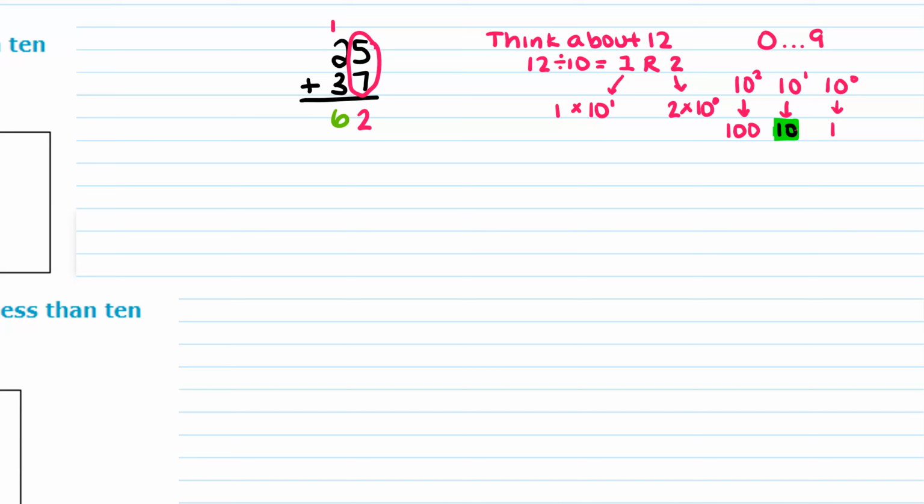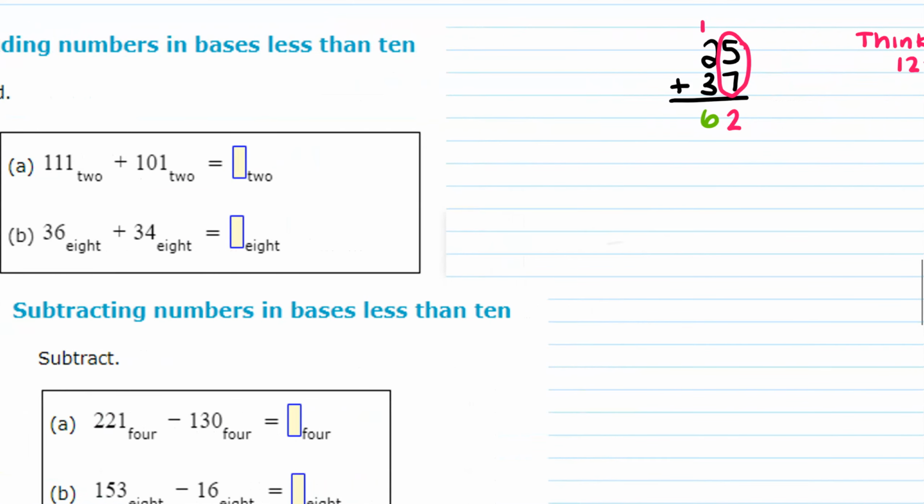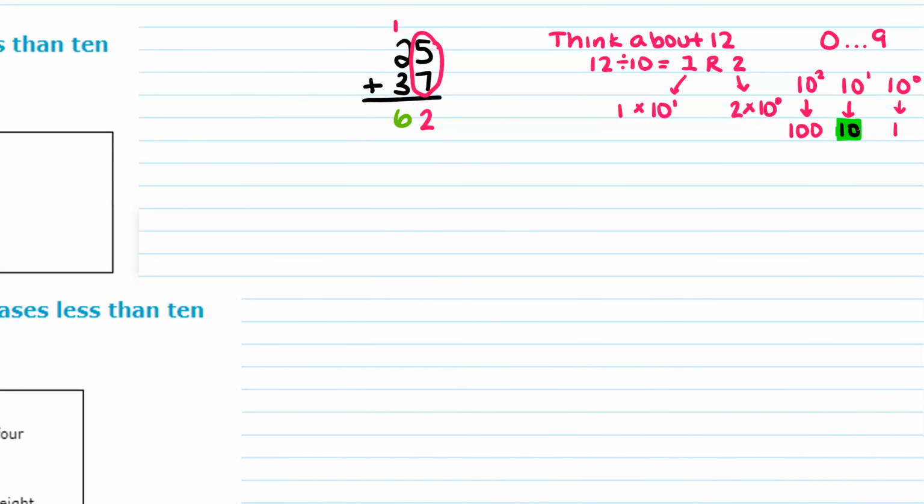Now, we're going to do this same idea, but we're going to do it with bases which are not 10. So let's take, this is from Alex, 111 plus 101, and we're in base 2.